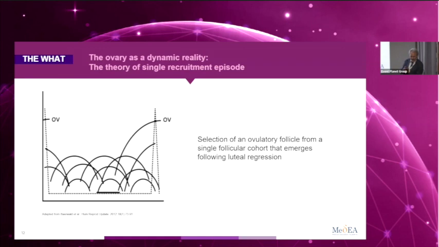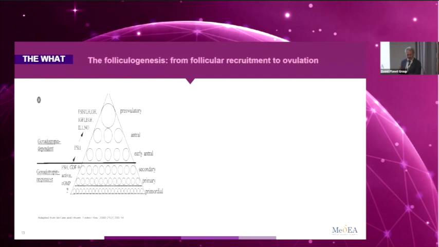And the second theory is the concept that I found very intriguing, that we have follicular waves moving throughout folliculogenesis. So follicles move as packages, not in a random continuous way, but in specific waves.